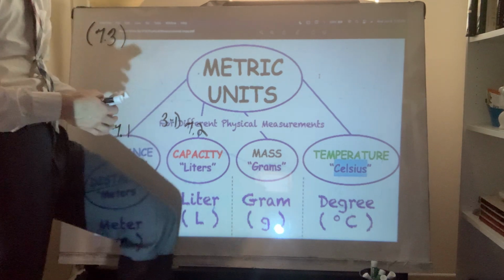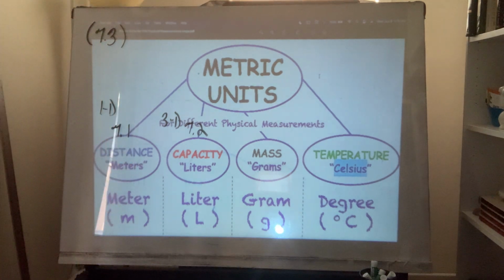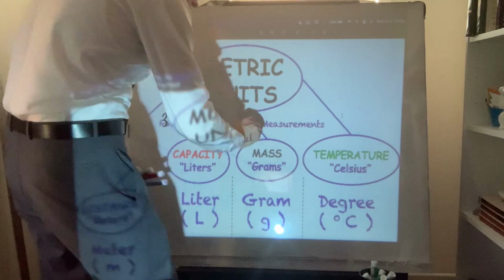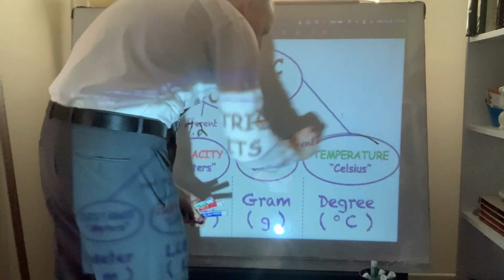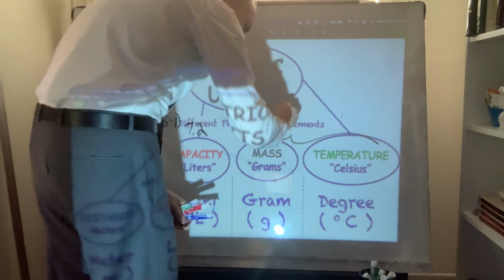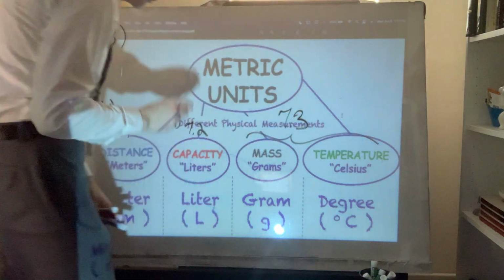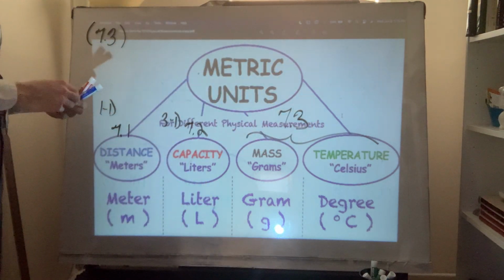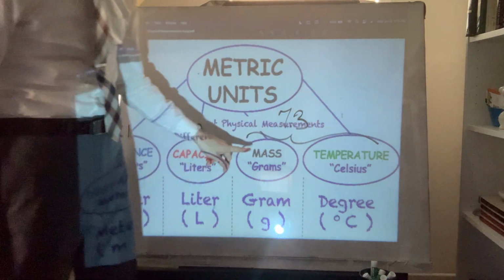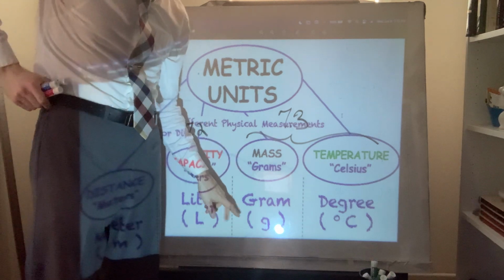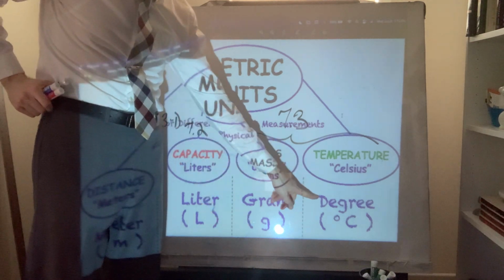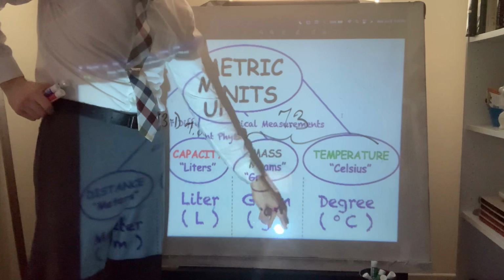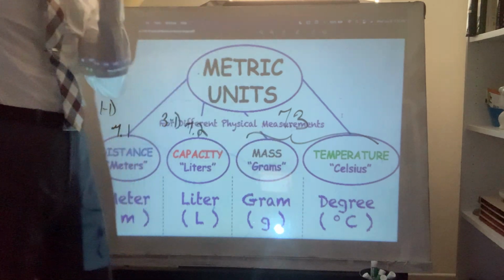Now what we're going to do today, I'm not sure why this is highlighted. These two topics, mass and temperature, are the subject of 7.3, which is where we are, of course. The base unit for mass is the gram, and the base unit for temperature is the degree Celsius.